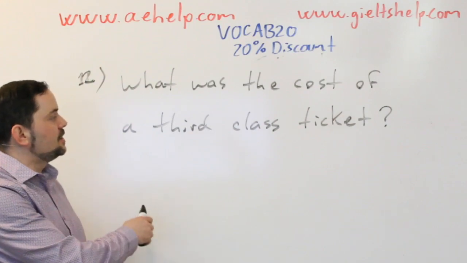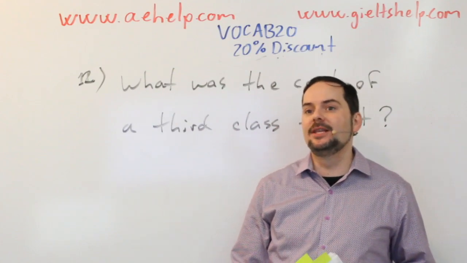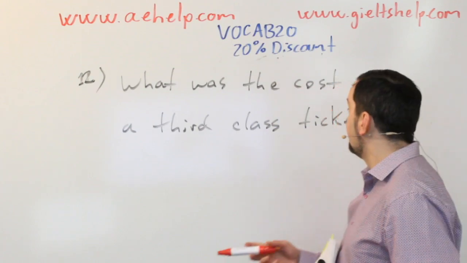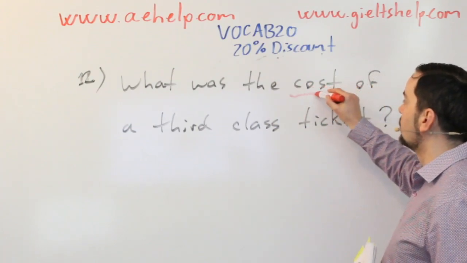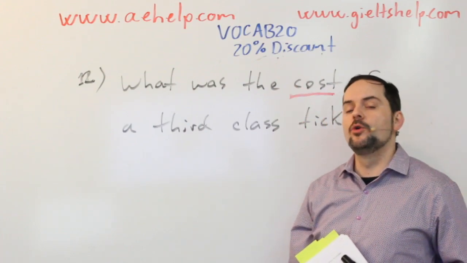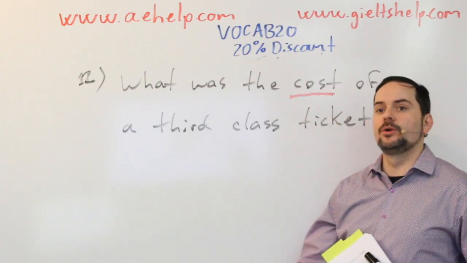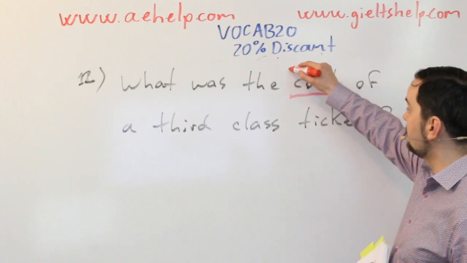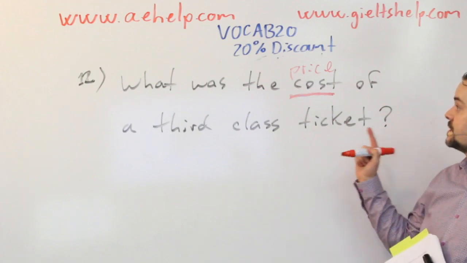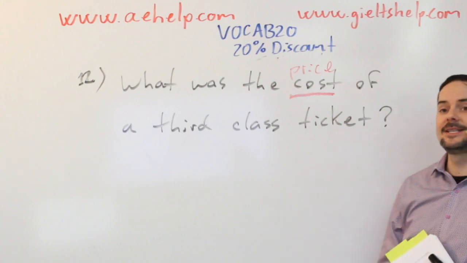What might be paraphrased when you're actually listening to the audio? Cost for sure. Yep. Definitely keywords that are simple and have a lot of synonyms like cost. It's almost guaranteed that you're going to hear a paraphrase for that kind of word, okay? So you're not going to hear the word cost, but you'll hear the word something like price, as a few of you are saying, okay? Anything else that might be paraphrased in this? So what was the cost of a third class ticket?